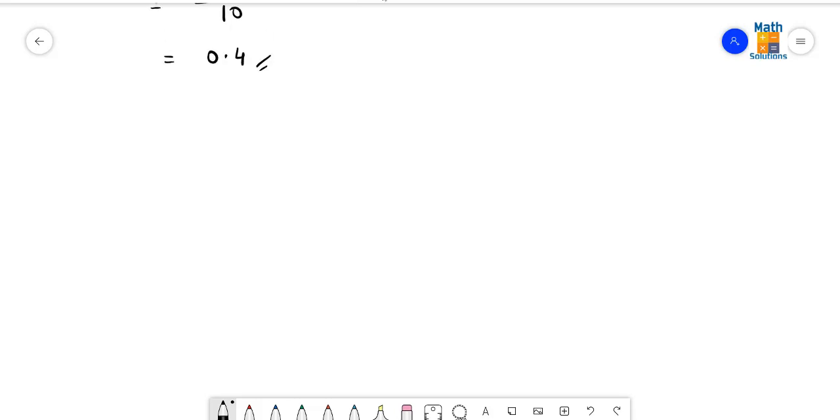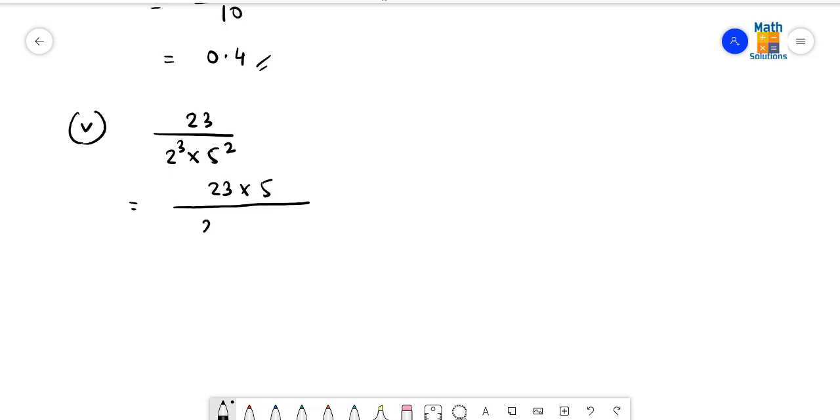Another terminating expansion from the question number 1, it is 23 by 2 cube into 5 square. So to get powers of 10 in the denominator we should do what? One more 5 is required. So for that both numerator and denominator should be multiplied by 5. 2 cube into 5 square into 5.